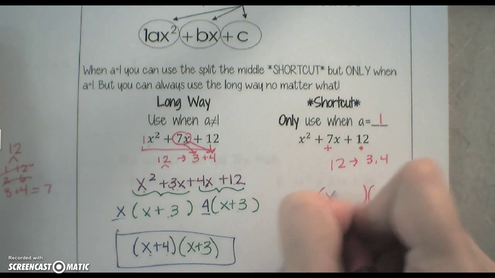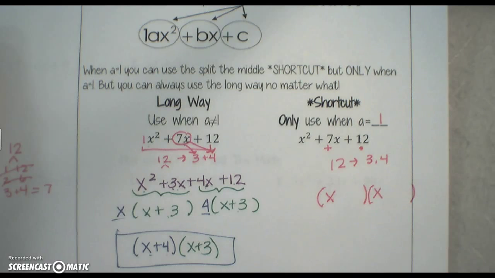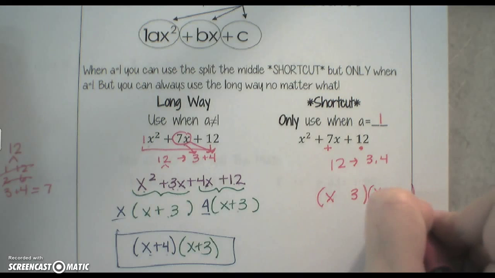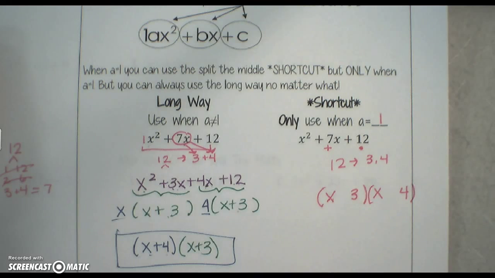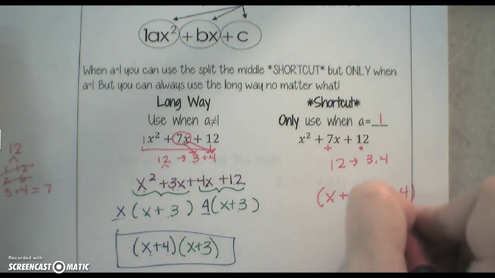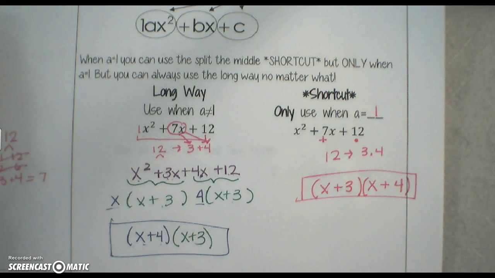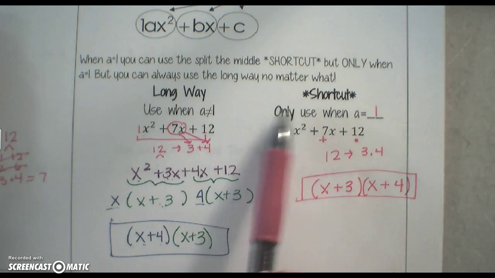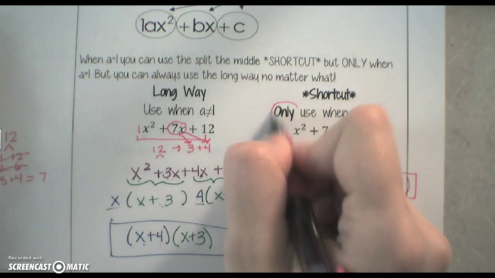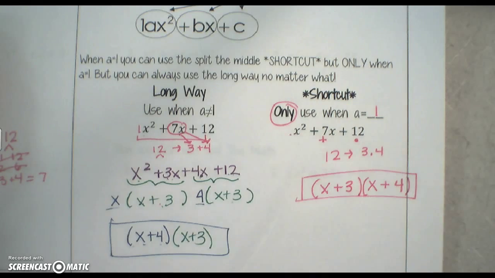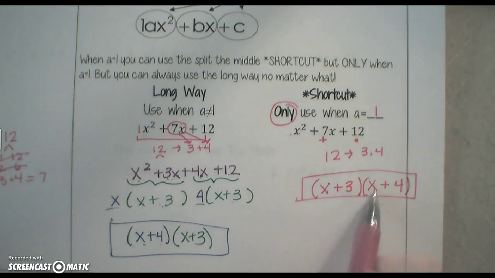We're going to put an x at the beginning of both sets, and then we're going to put our 2 factors that we came up with as the second number. And then they're both positive. Does this match what we got on the first one? Yeah. So look how short that was in comparison to this. Again, you can only use it, circle, only use it when a is 1, so when it's just an x squared, because that way we can put our x in each set.